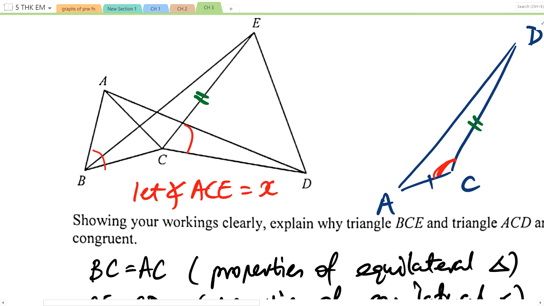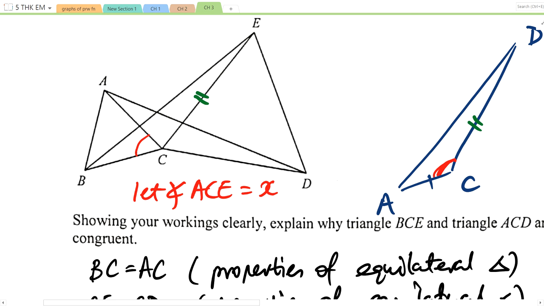But they are not parts of the triangles that they want, BCE and ACD. So I have no choice but to compare these two angles in red. They are the included angles. Yes, they are our included angles.